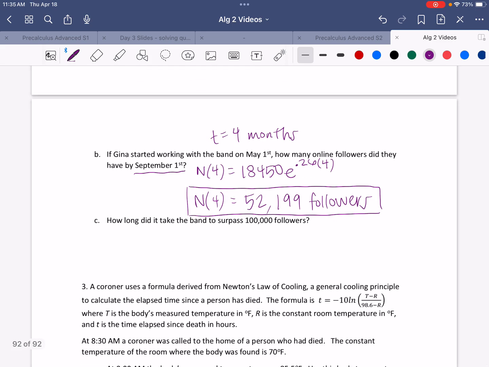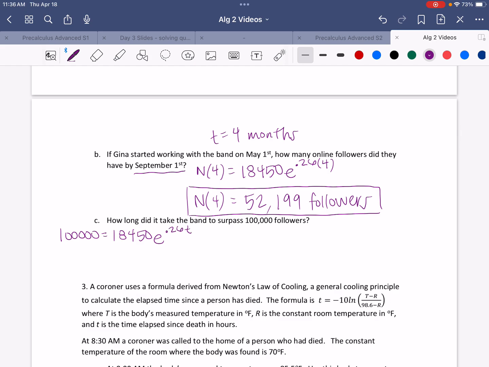Okay, great. And the next one says, how long did it take the band to surpass 100,000 followers? Okay, so let's work this out. I'm now given a number for my followers, and I don't know t.